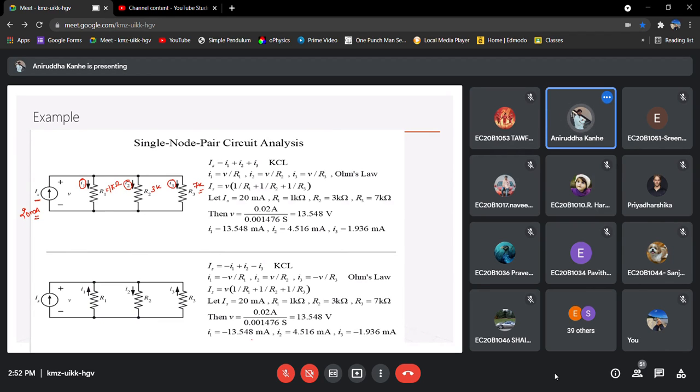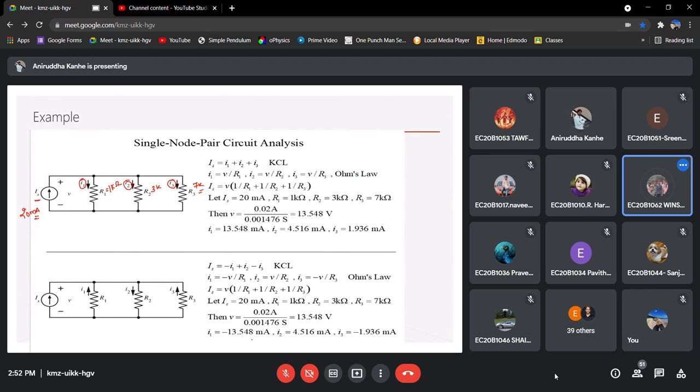What I'm asking is, can I apply the current division rule, the one which we have just now studied? There are various methods. You will definitely end up with the correct answer, but I want to specifically use the current division. Sir, we'll find the fraction by which the total current will divide. Correct.